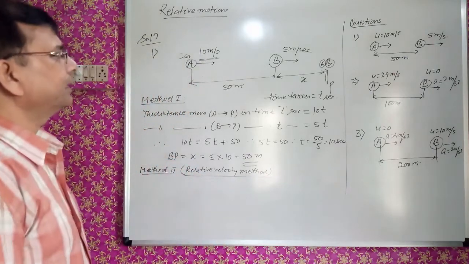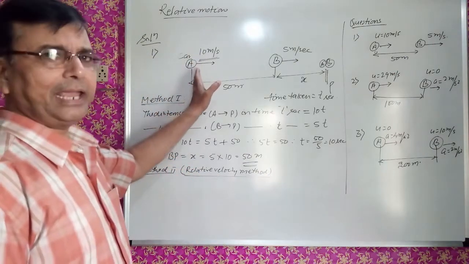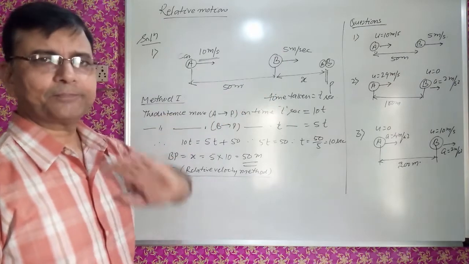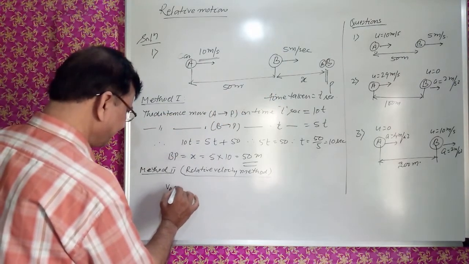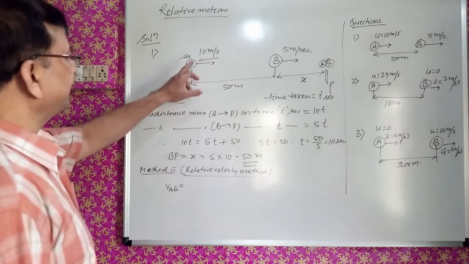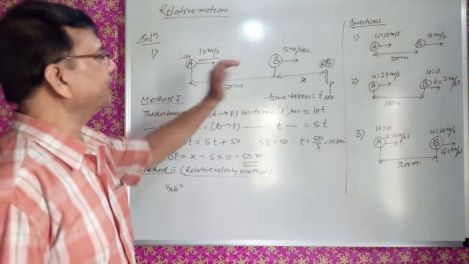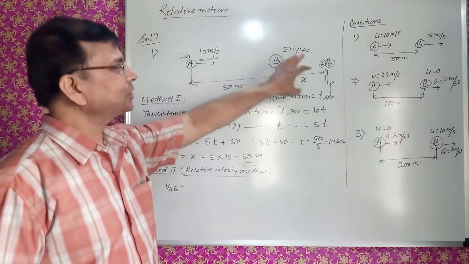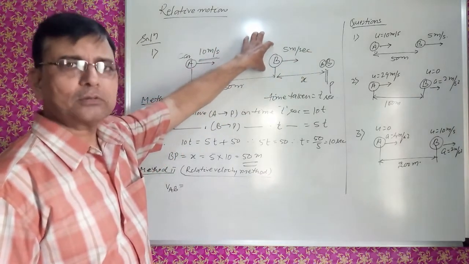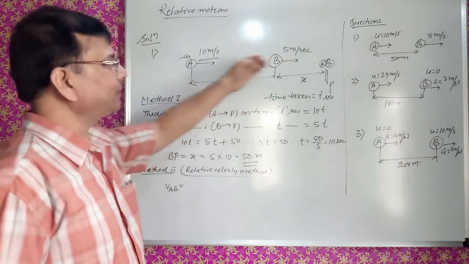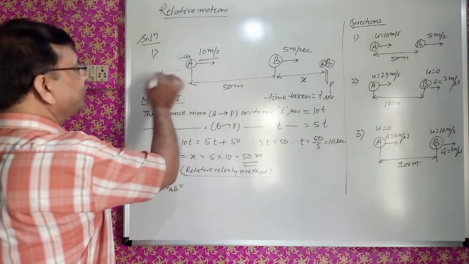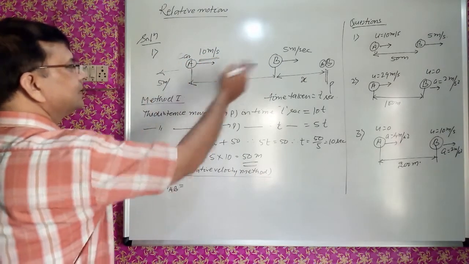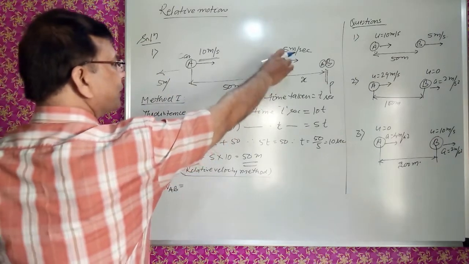What I will do is find the velocity of A with respect to B, that is V_AB, the velocity of A with respect to B. Since both are moving in the same direction, B will have to be brought to rest. That means you will have to apply 5 meters per second in the backward direction. The same velocity will be applied over here also, 5 meters per second, so that B will come to rest, right?